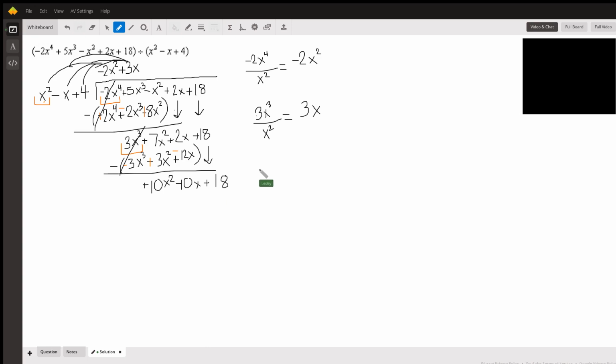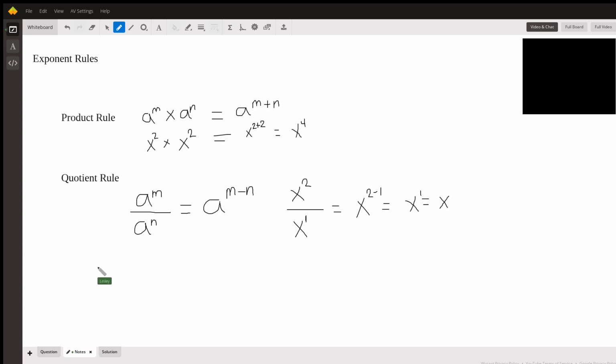Do it one more time. 10x squared divided by x squared. Based on the quotient rule, 2 minus 2 is 0. So, new rule: when you have an exponent to the 0 power, it's just 1.